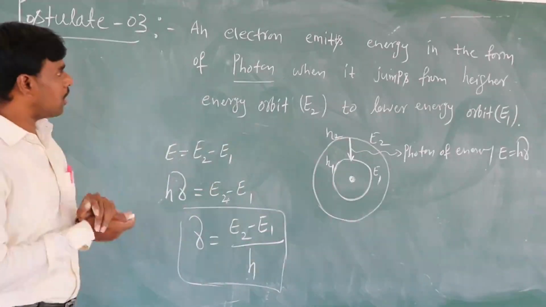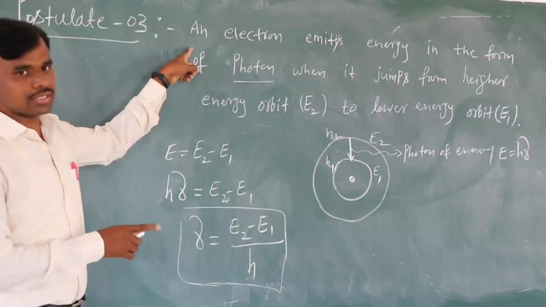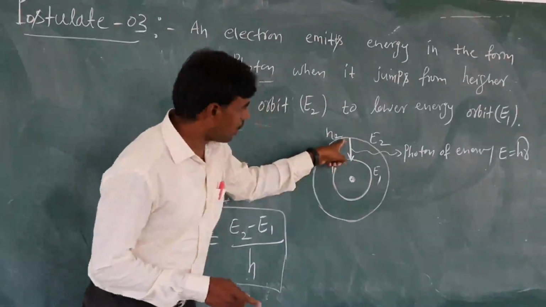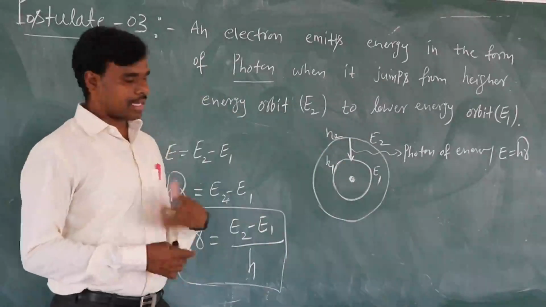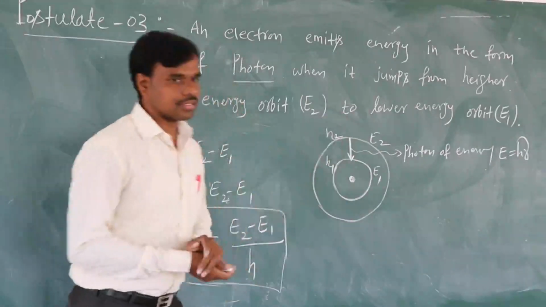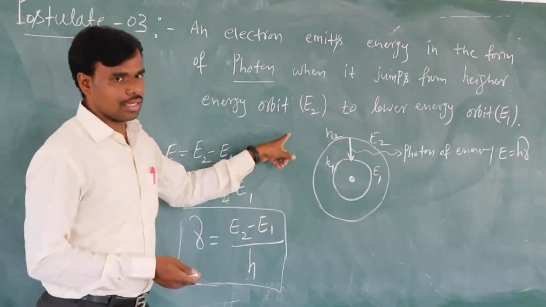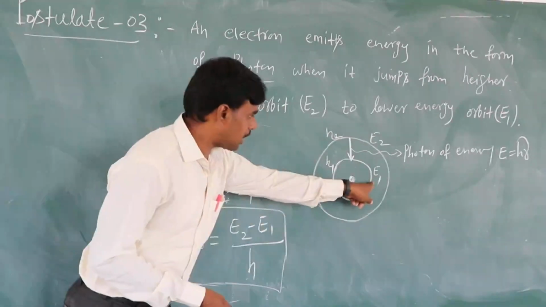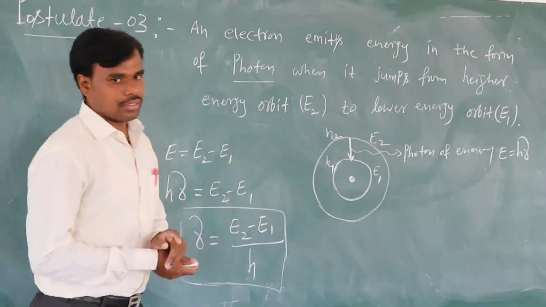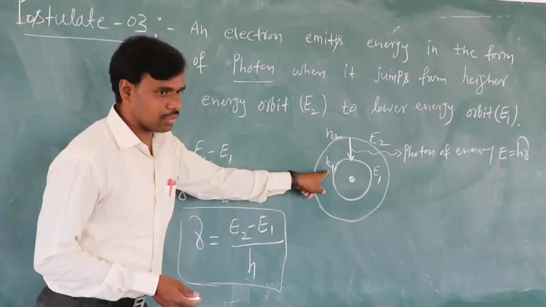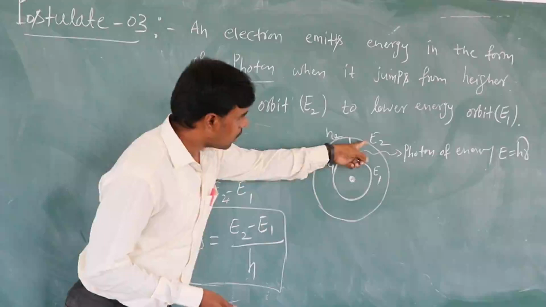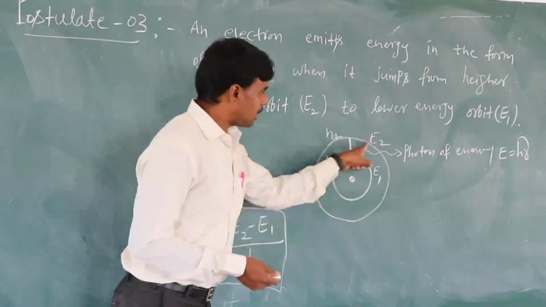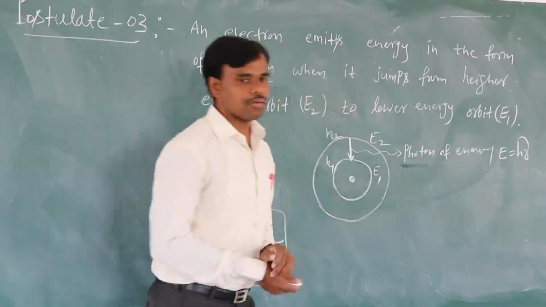But according to Bohr, an electron emits energy in the form of a photon only when it jumps from a higher orbit to a lower orbit. For example, here E2 represents the energy value of the higher orbit of principal quantum number n2, and E1 is the energy value of the lower orbit of principal quantum number n1. When an electron jumps from E2 to E1, that is from the higher orbit to the lower orbit, then energy is emitted in the form of a photon.